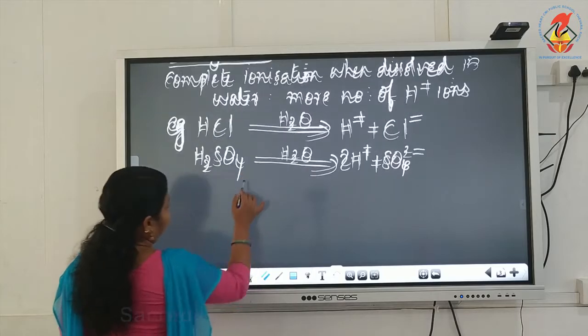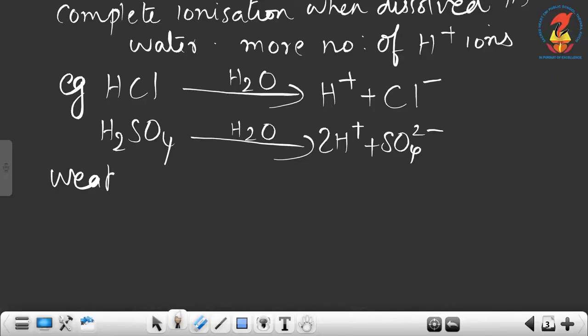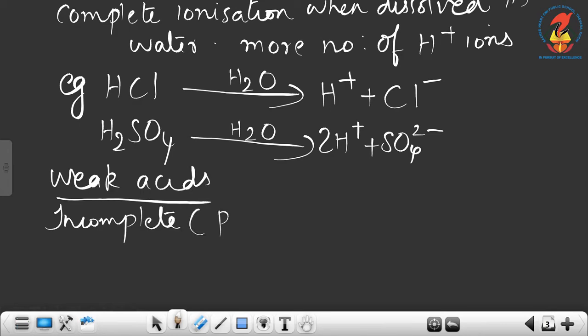Now, let us see what are weak acids. It is the opposite. Weak acids undergo incomplete or partial ionization when they are dissolved in water.